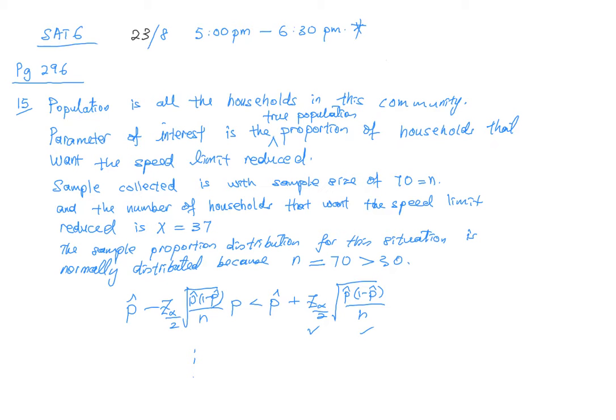Your scenario is always someone claims something or someone wants to solve a certain problem. Like this question, they want to solve a problem, whether to reduce the limit or not. And the parameter of interest is, as long as the proportion is over 50, then we will reduce.